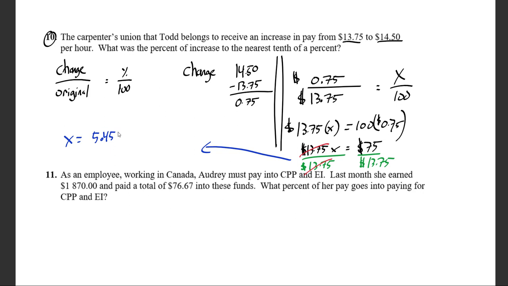So I would write that as 5.45 repeating. But it actually asked me for the nearest tenth of a percent. Tenth of a percent means to one decimal place. Those are the tenths. I look one spot to the right, I see that's a 5, so I'm going to round up. So I'm going to round up to 5.5% here.